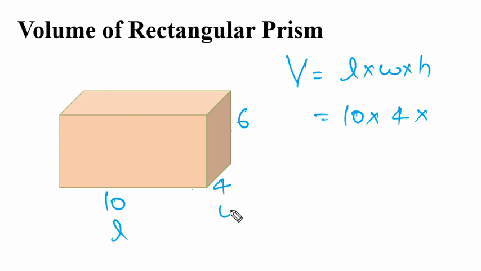This is your length, this is your width, and this is your height. Multiply this and you will get your answer. Okay, so this is how you will find the volume of a rectangular prism. Do some practice by yourself, and if you have any problem, watch the video again. I'm sure this is very easy, so you will definitely understand.